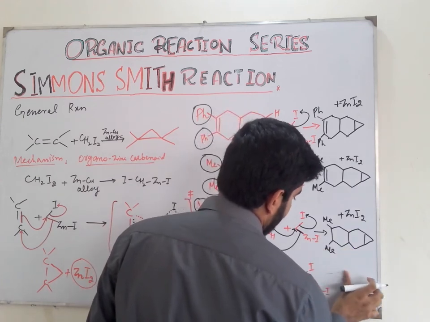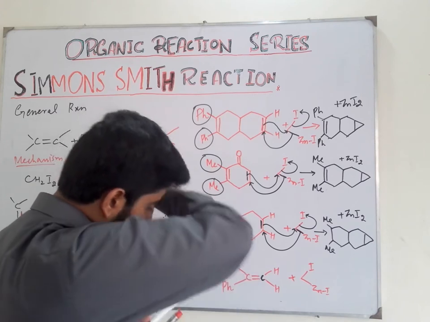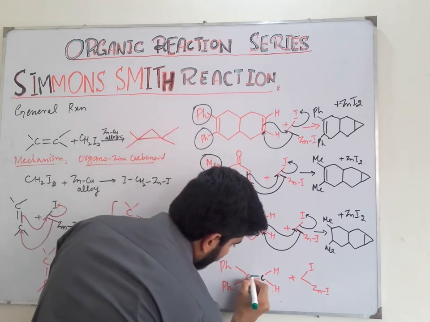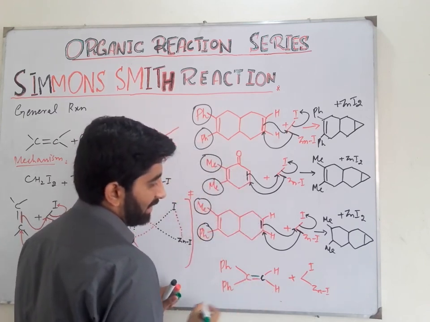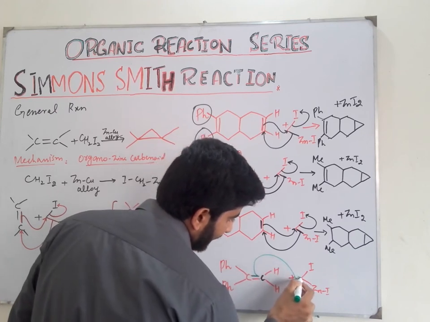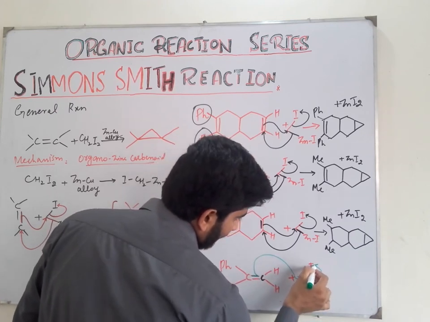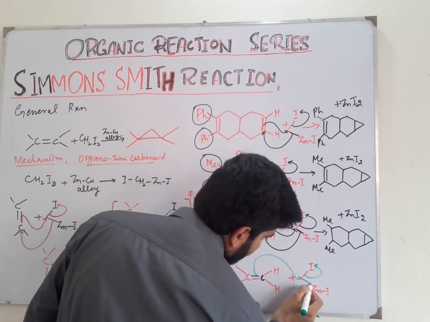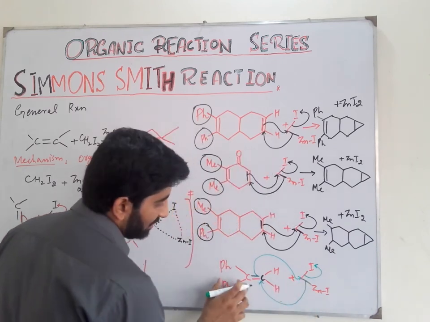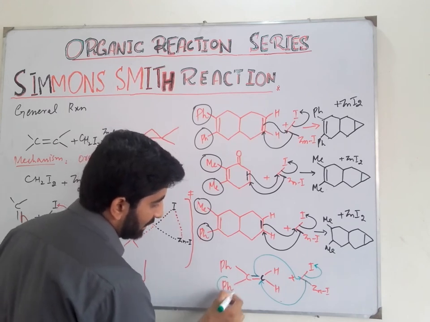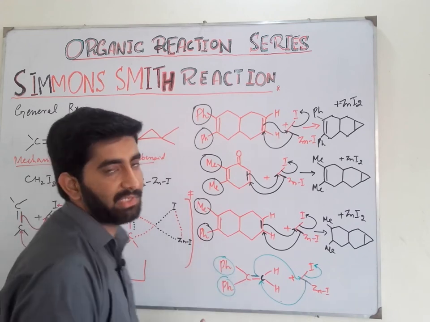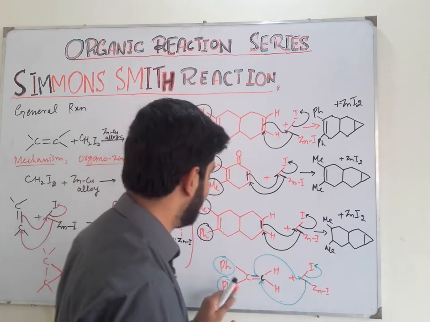In the last example, we will observe that these pi electrons, represented by the green marker, attack on the electrophilic center. Iodide leaves this carbon, and these electrons attack on this electrophilic center, not on this one, because bulky groups are present at this site, and due to the steric repulsion between the bulky groups, steric hindrance generates here.